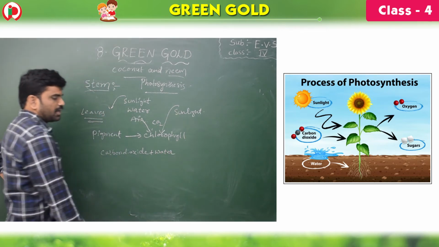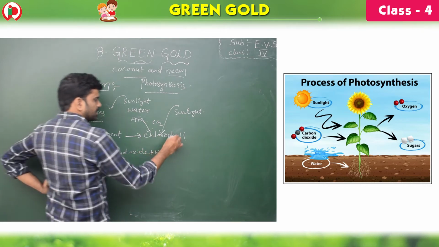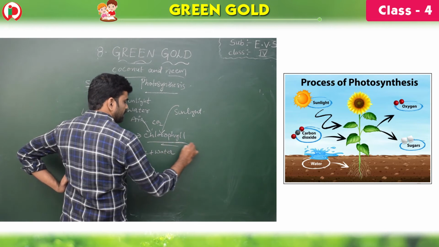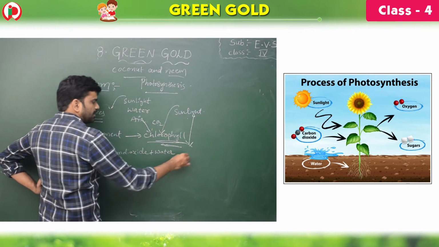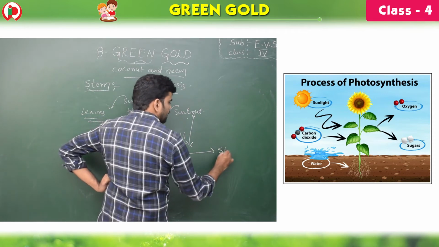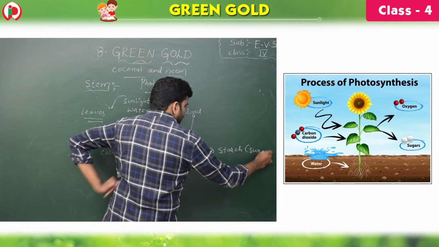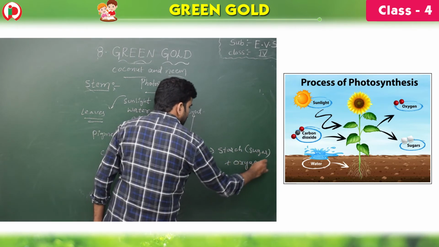Carbon dioxide and water are received by the plant. So who will make the food material? This chlorophyll. In the presence of sunlight, it prepares starch, which is also called sugar, and also releases oxygen gas.